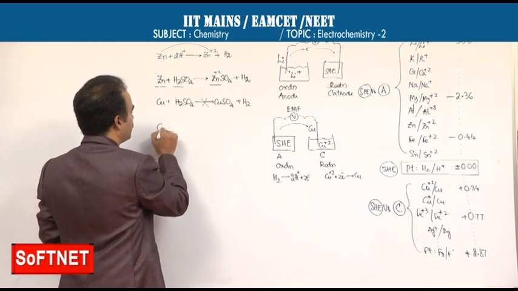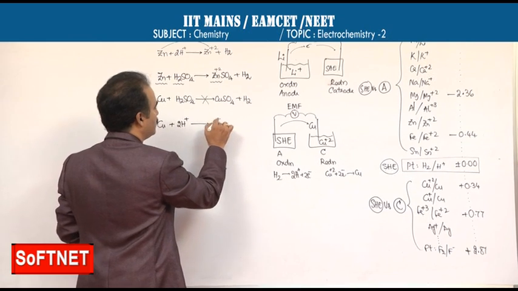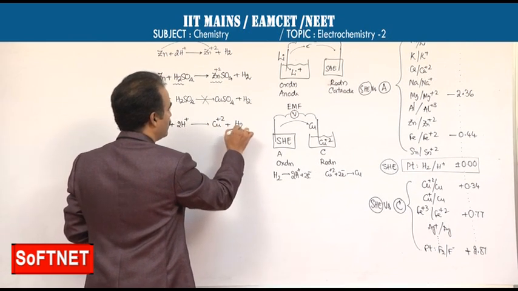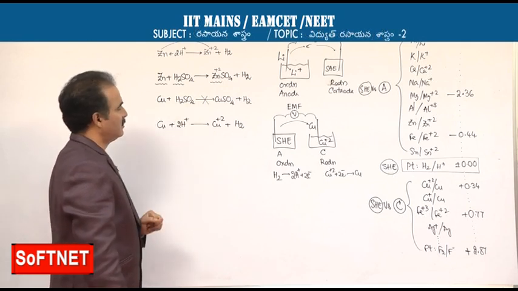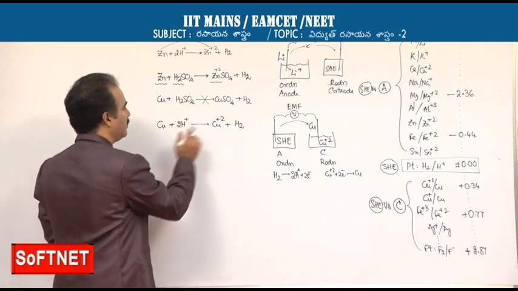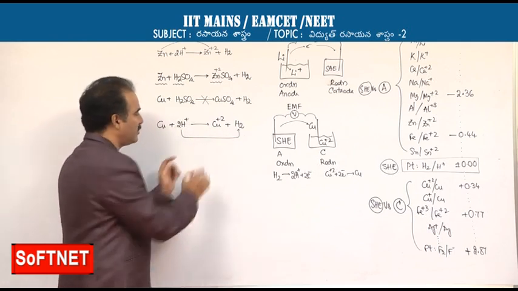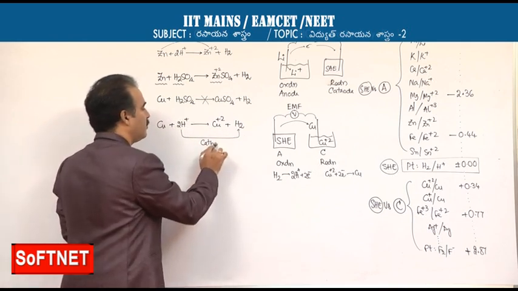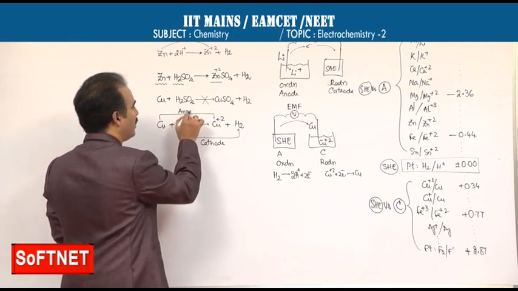Zinc can displace H plus ions from any acid as H2. Similarly, consider the reaction Cu plus 2H plus gives Cu 2 plus plus H2. Here H plus is undergoing reduction, so it should act like cathode, and copper is undergoing oxidation, so it should act like anode.